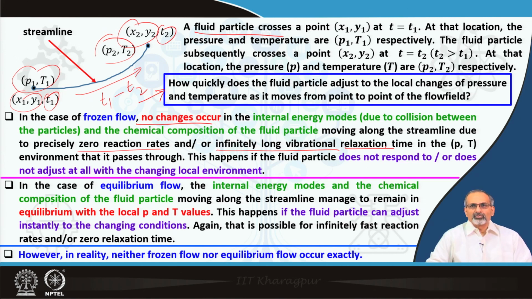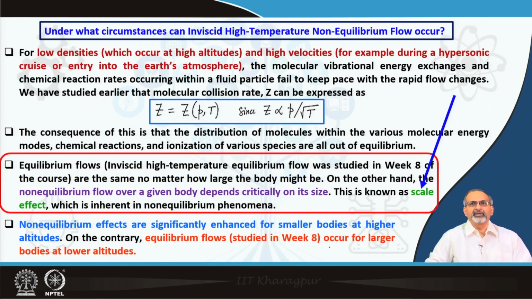In reality though, none of these two extreme conditions really occur in an exact sense. Therefore, it may be that one of the situations is approximated or the other is approximated, and we can say that closely it is like a frozen flow or an equilibrium flow, but not exactly so. While there may be situations where non-equilibrium can also be a dominating issue, and in that case we cannot consider the flow to be either frozen or equilibrium.